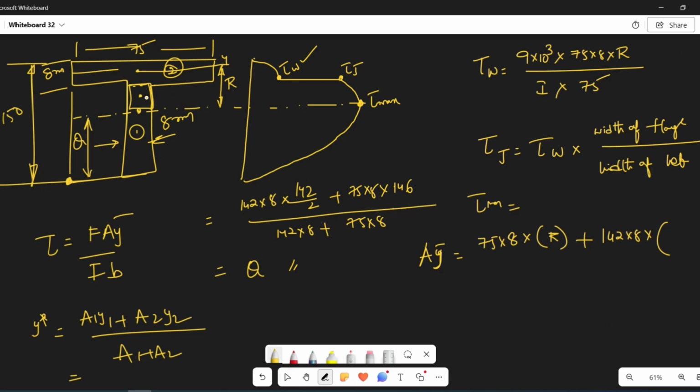So this is going to be another component. Area of this, not one. Based on q, try to identify that.